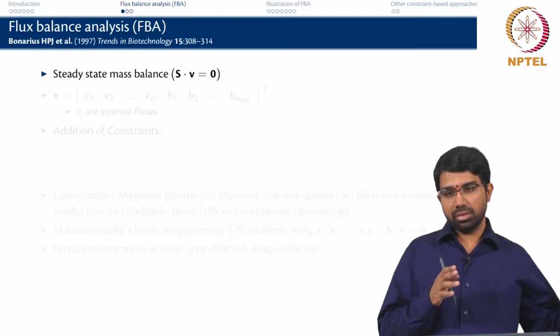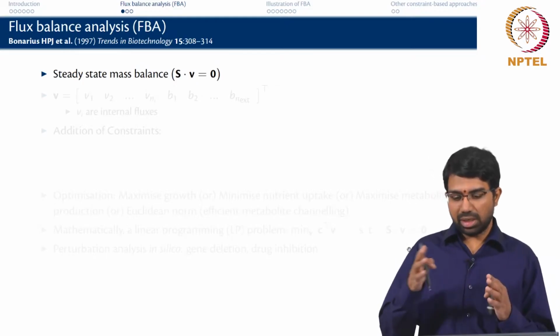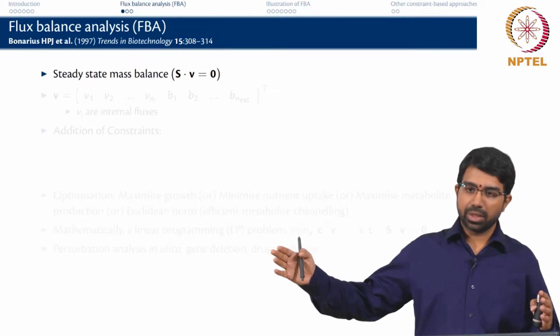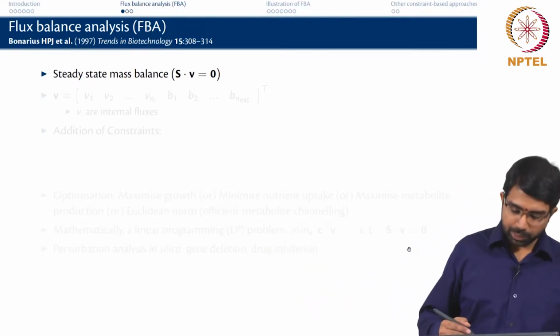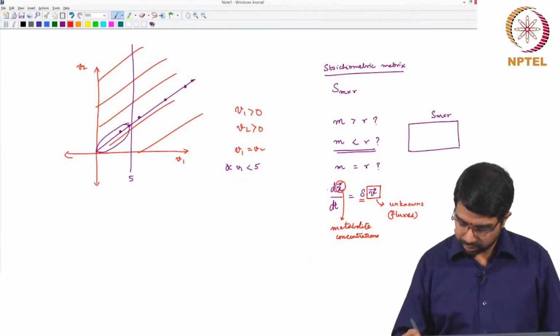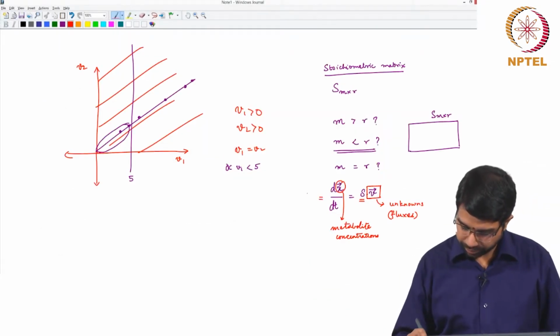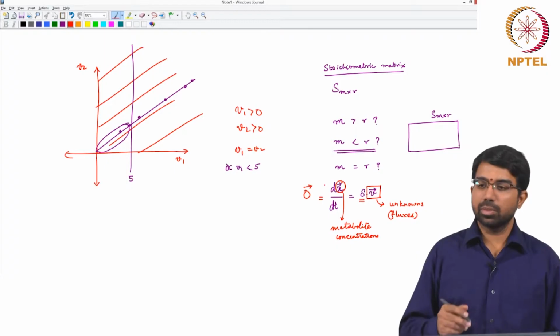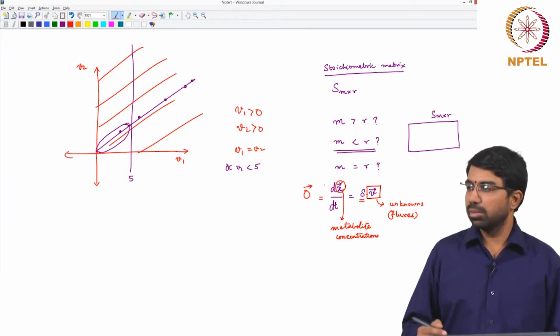Whatever substance is coming in, there are some conversions, and at steady state substances are going out, right. So, what would be dx by dt under steady state? It will be equal to 0. The rate of accumulation of every metabolite will be 0.